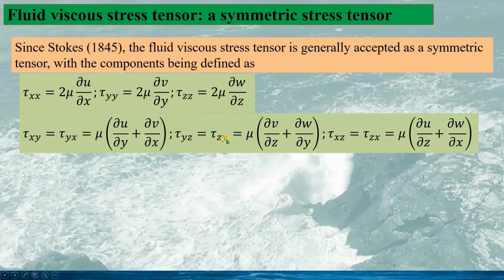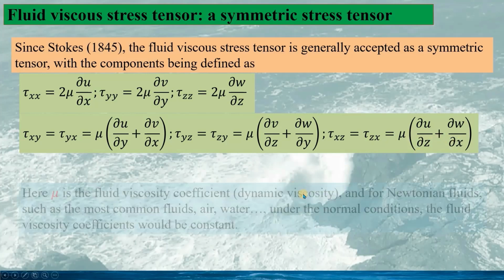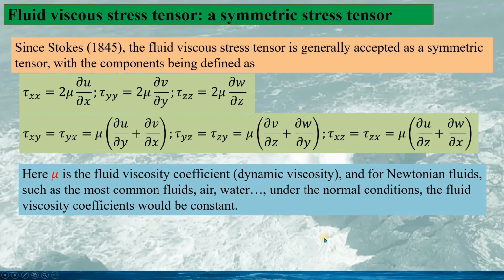Tau yz is the same as tau zy given as this, and tau xz equaling tau zx given as this. Here, mu is the fluid viscosity coefficient, and for Newtonian fluids such as air and water, the most common fluids, under the normal condition, their viscosity coefficient would be constant, meaning they are Newtonian fluids.